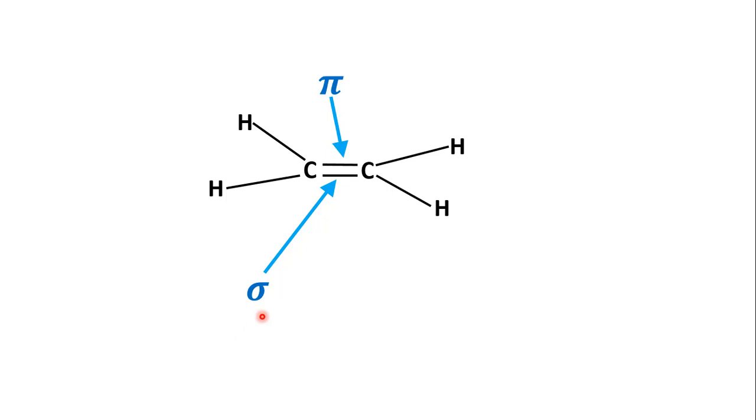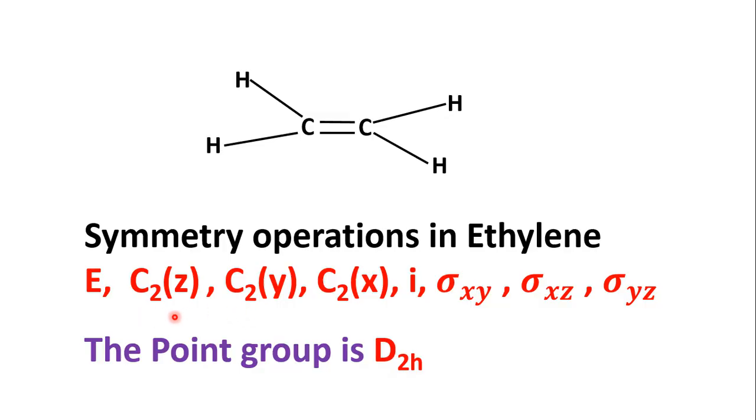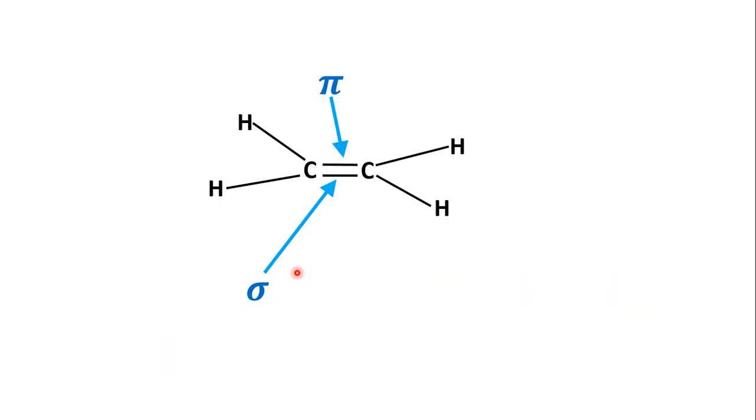Now we will apply all the symmetry operations of the D2h point group, namely E, C2z, C2y, C2x, I, sigma xy, sigma xz, and sigma yz over the bonding molecular orbital sigma, anti-bonding molecular orbital sigma star, bonding pi molecular orbital pi, and anti-bonding pi molecular orbital pi star.